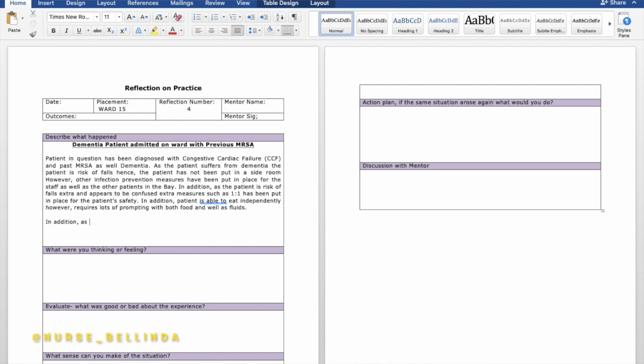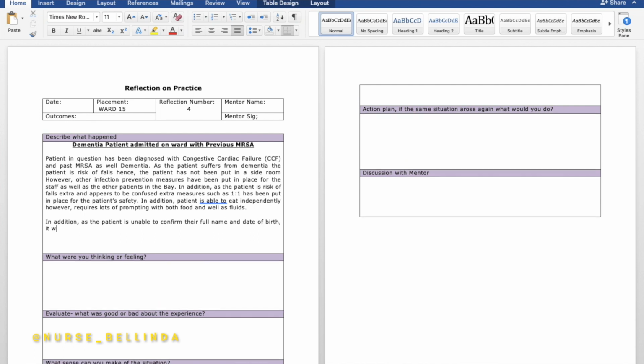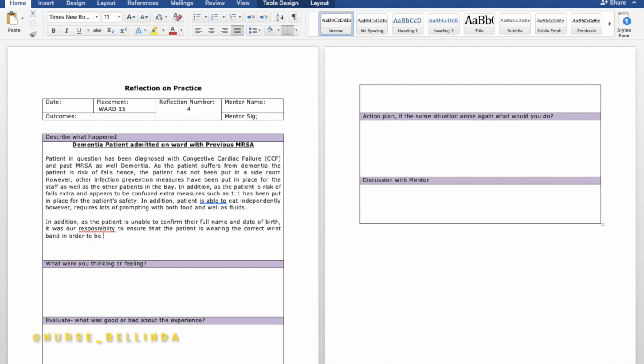In addition, as the patient is unable to confirm their full name and date of birth, it was our responsibility to ensure that the patient is wearing the correct wristband in order to be identified correctly when administering medication.